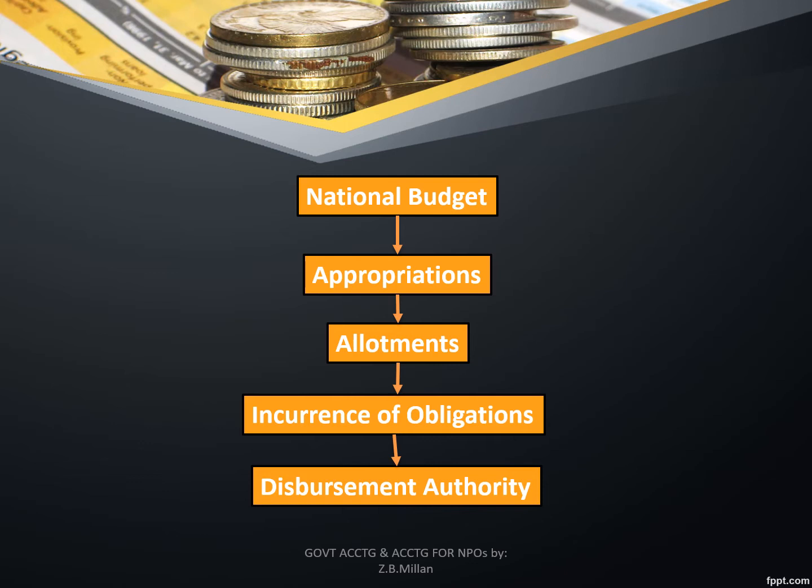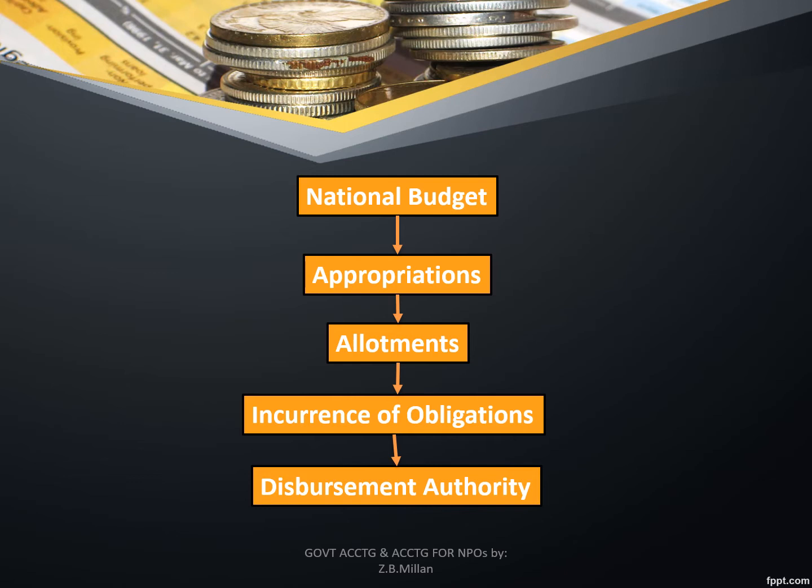So once allotment is received, government agency can now incur obligations in the form of entering into contracts, hiring of personnel, or purchase of supplies, which will be paid by the government. So these obligations will then be paid once the DBM issues disbursement authority to the government agency.